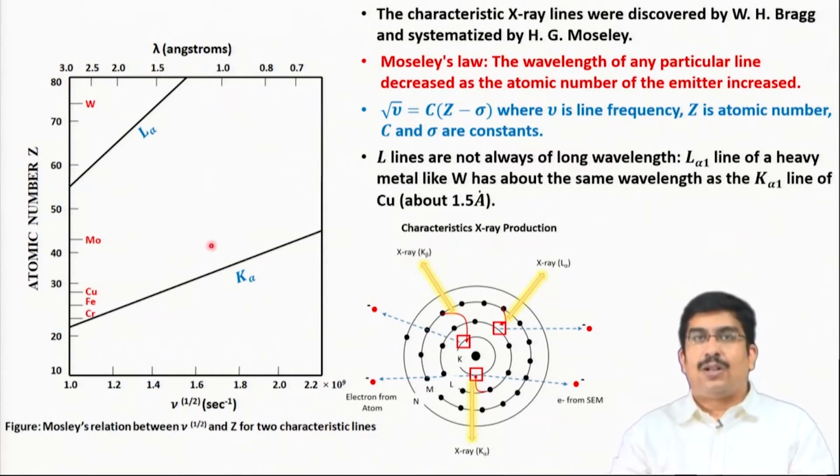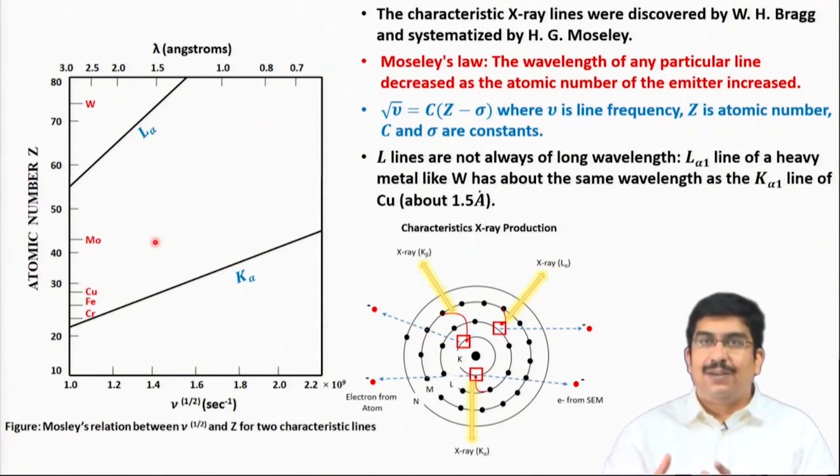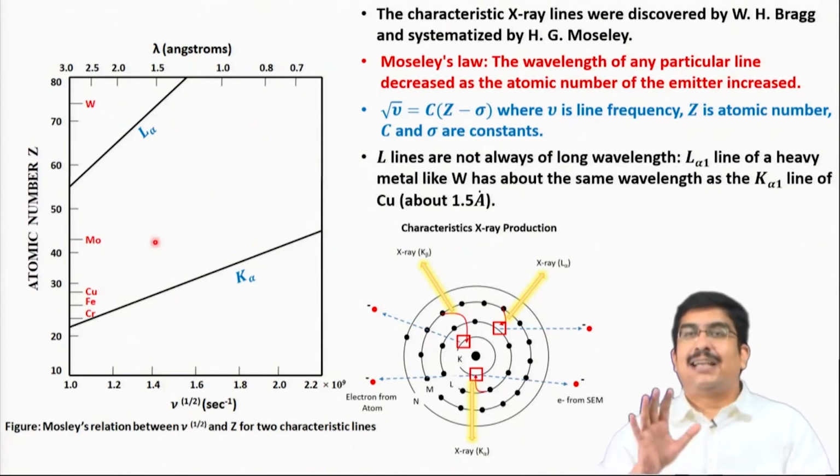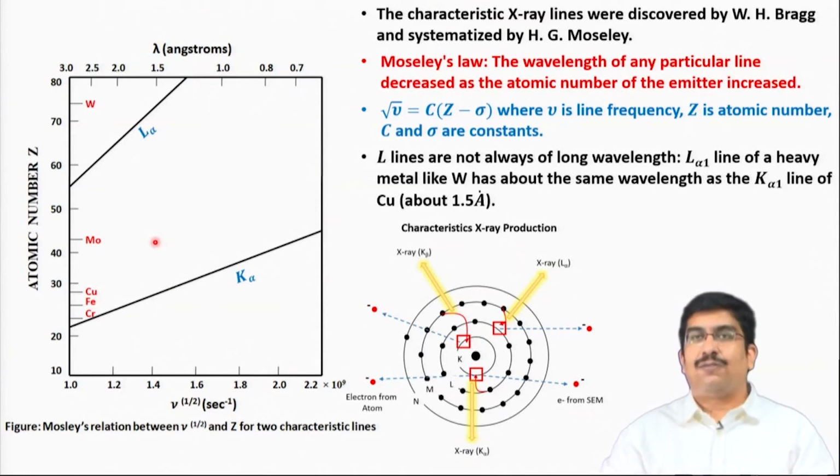Also, one more very important point to consider here: the L lines are not always of long wavelength. That means the L lines are not always of lower energy. We already discussed that K lines are usually of higher energy and lower wavelength compared to L lines, but this strongly depends on the atomic number.